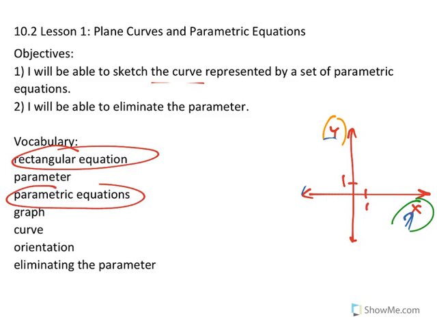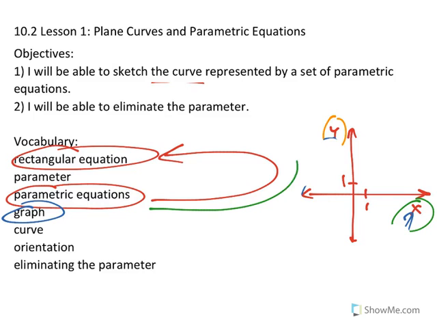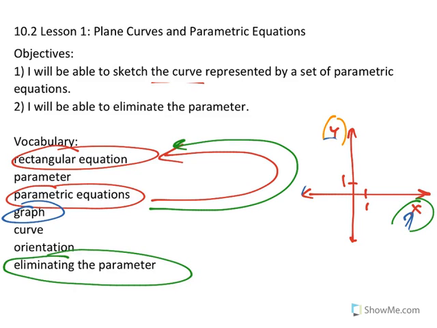So if you want to go from a set of parametric equations to a rectangular equation, for the purpose of sketching the graph pretty quickly, that process is called eliminating the parameter. So we went over some vocabulary, and we'd like to start our lesson now by sketching the curve represented by a set of parametric equations, and then we will look at how to eliminate the parameter.